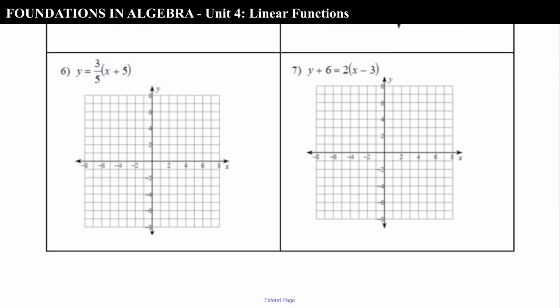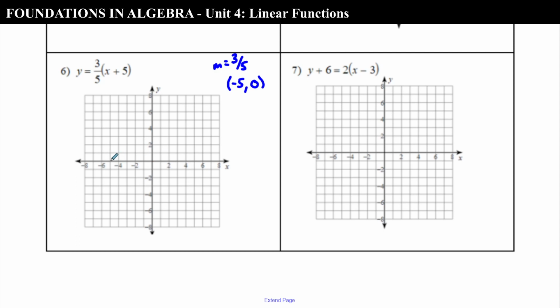For number 6, our slope is 3/2. Our point, -5 from our x. There's nothing with our y, so there's going to be 0 for our y. So now we can plot our coordinate.